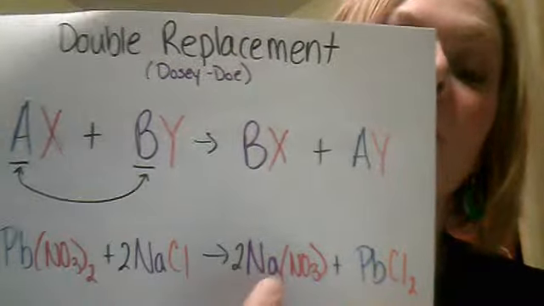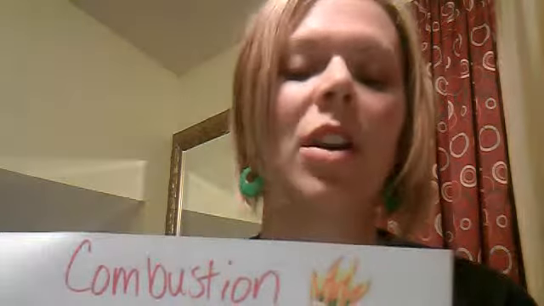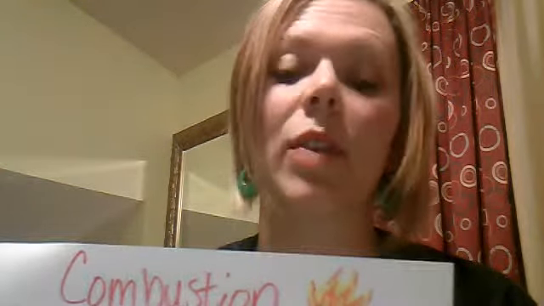Now the last reaction type that we are going to talk about today is one that is fun, and we'll get to do a demonstration of this a little bit later, but it's called combustion. Now hopefully you've heard of combustion. You see my flames over here. This is explosive. With this one, there's not a nice little pattern. You don't worry about which cation replaces which cation or an anion switching locations.